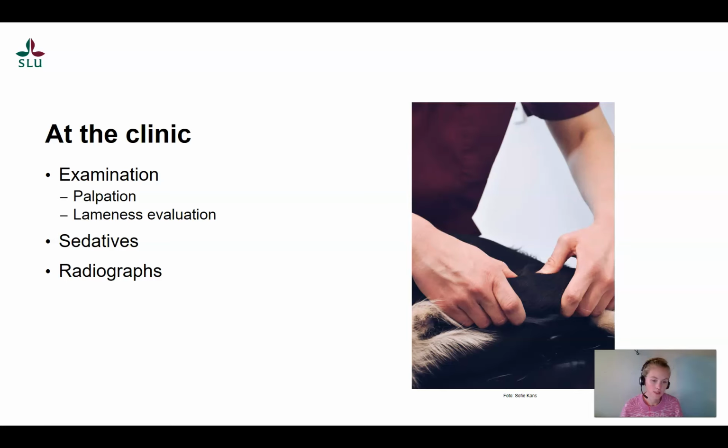Radiographs are also usually taken, even though the cruciate ligaments can't be seen on radiographs. They are taken to rule out differential diagnoses such as fractures, for example, and the vet can also evaluate signs of concurrent osteoarthrosis, which involves, for example, increased amount of synovial fluid in the joint.